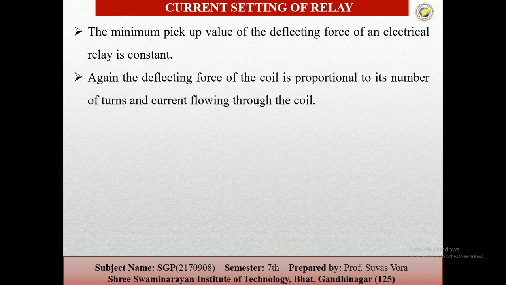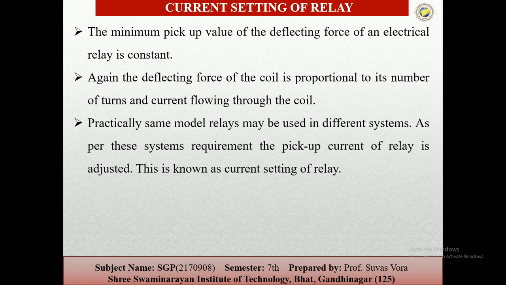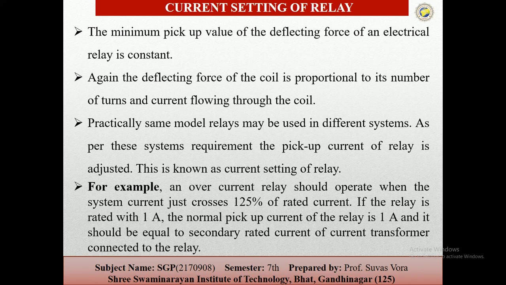Now if we change the number of active turns of the coil and the current required to reach the minimum pickup value of the deflecting force, as per the system requirement, the pickup current of the relay is adjusted, and this is called the current setting. For example, over the 125%, जैसे हमने आगे दिखा, the pickup current is 1 ampere.